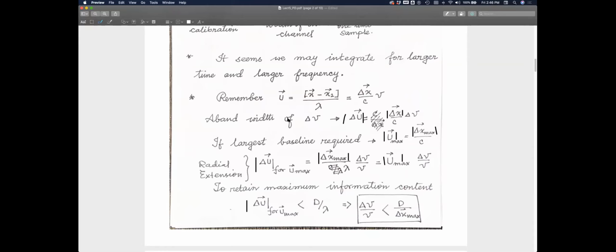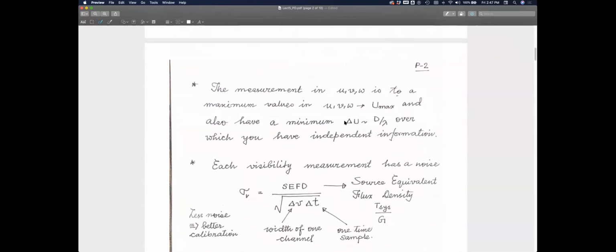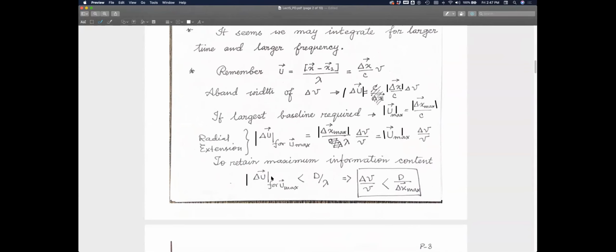Yeah. So what you will do is the following. You will assume that you have independent information at delta u, right? But you will not have. Instead of having independent information at delta u, your independent information will be in a rather radially elongated line.